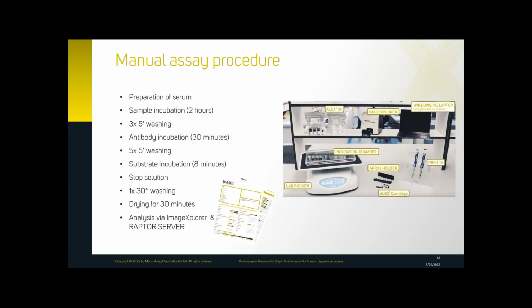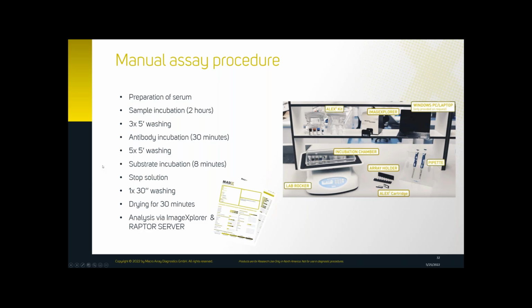And in our starting package, we provide all the necessary lab equipment to perform the manual immunoassays, so the shaker and the incubation chamber, the ImageXplorer, the array holder, and of course the software.